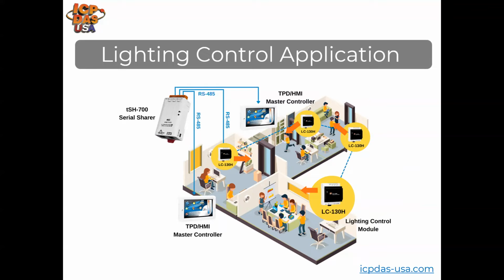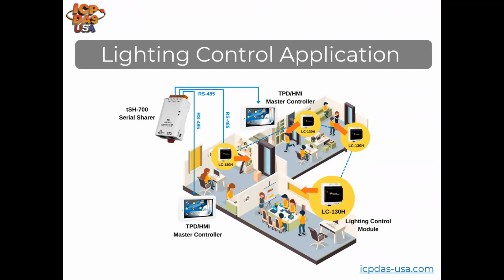They're connected to a TSH 735 serial port sharing device on two different RS485 ports. On the other RS485 bus, our LC lighting control modules are daisy chained. They have a 90 to 240 AC digital input and form a relay output.